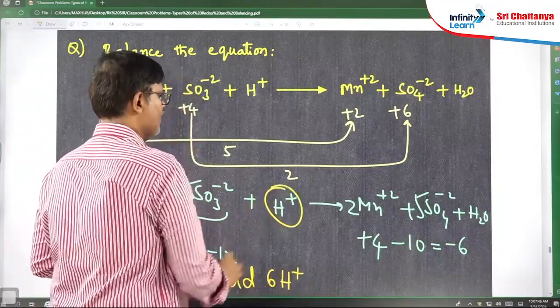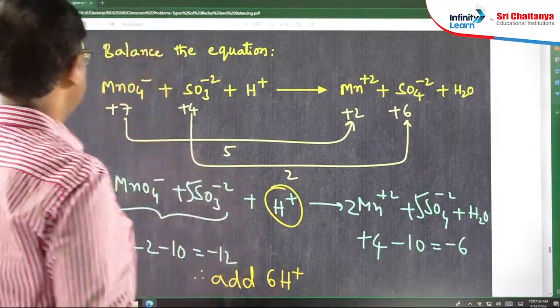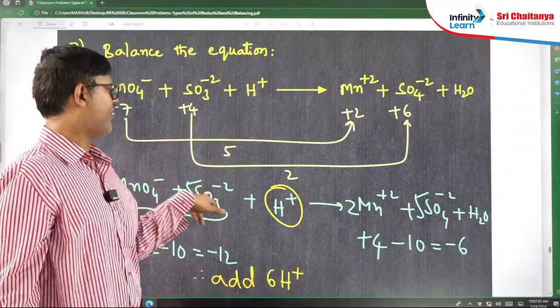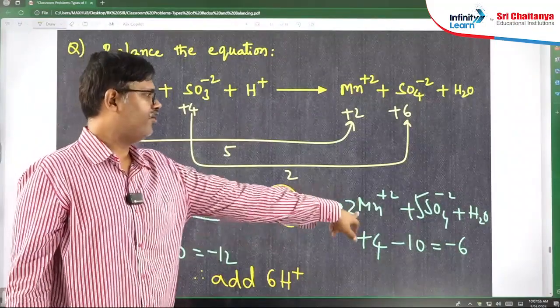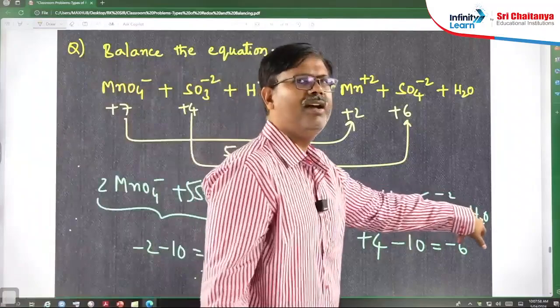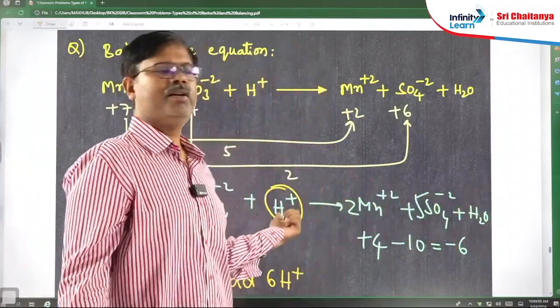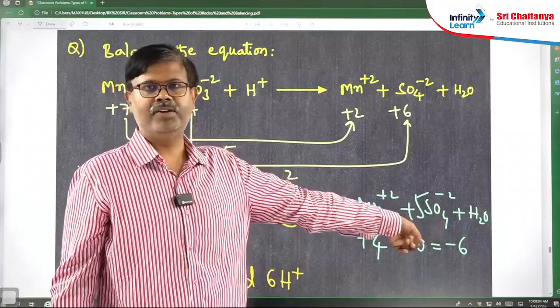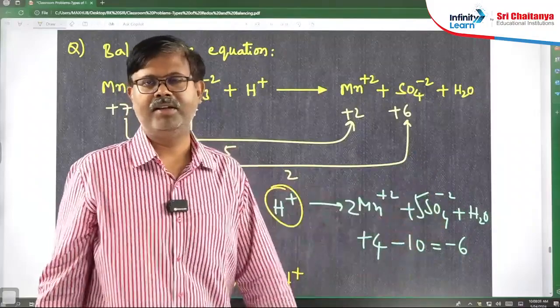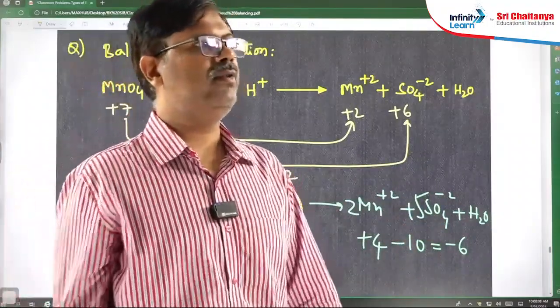That's it. So 2 MnO4 minus, 5 sulfite, plus 6 H plus, gives 2 Mn 2 plus, 5 SO4 2 minus, and water you can balance because 6 H plus ions are there, to balance we have to put 3 H2O there. Automatically everything gets balanced. Is it understood, everyone?